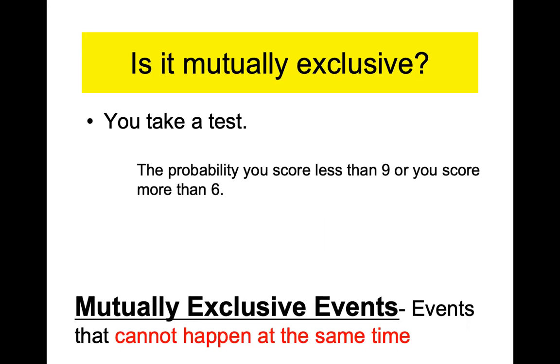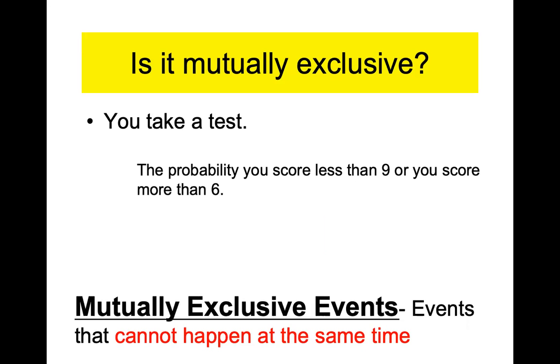Yes or no? Can these happen at the same time? Yes or no? Yes. What would be an example? It says, what's the probability that you score less than 9? Well, that means you might score an 8.